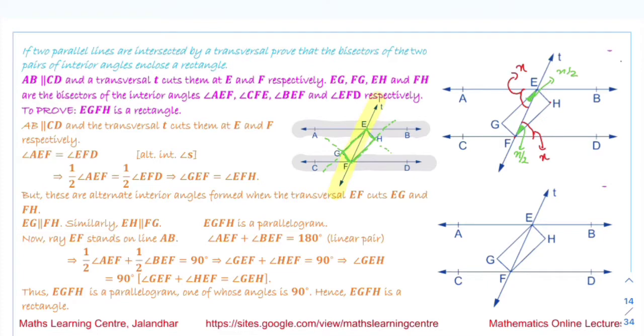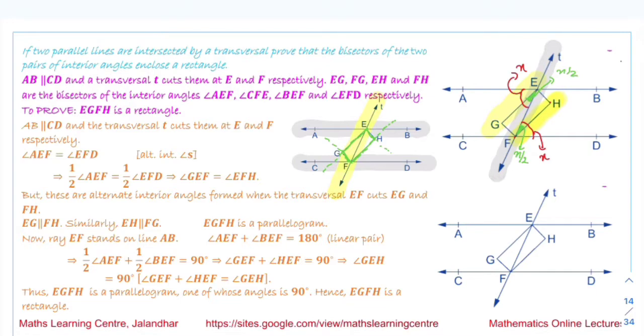But these are the alternate interior angles when we consider the transversal EF cutting EG and FH. If we consider these as two lines, EG and FH, then EF is the transversal for these lines.